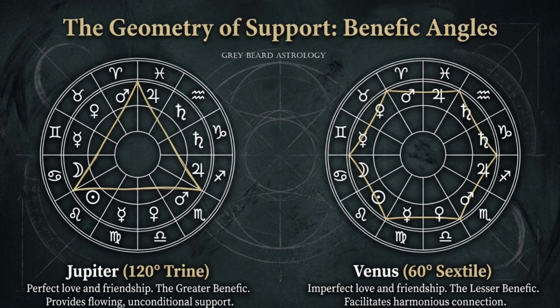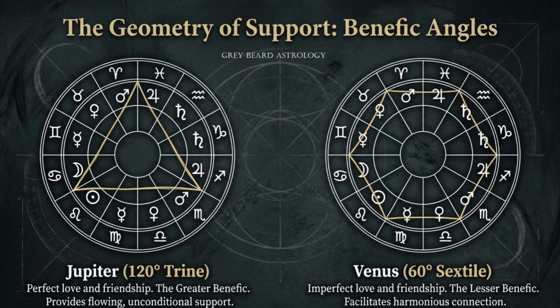The greater benefic provides flowing, unconditional support, and aspects of the nature of Jupiter are almost more beneficial than conjunctions. Some would say even better if it's a benefic planet throwing the aspect. And then we have the lesser benefic, which is Venus, and her aspect is the 60-degree sextile aspect. This aspect is considered imperfect love and friendship.